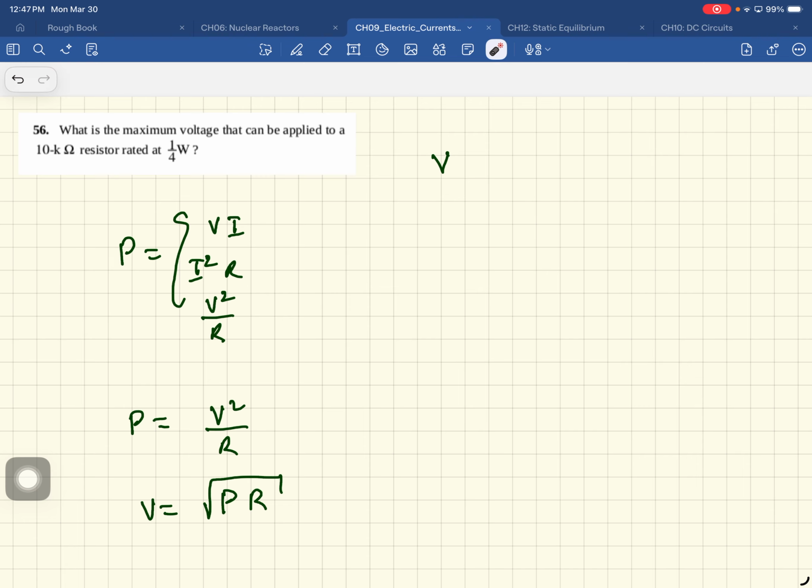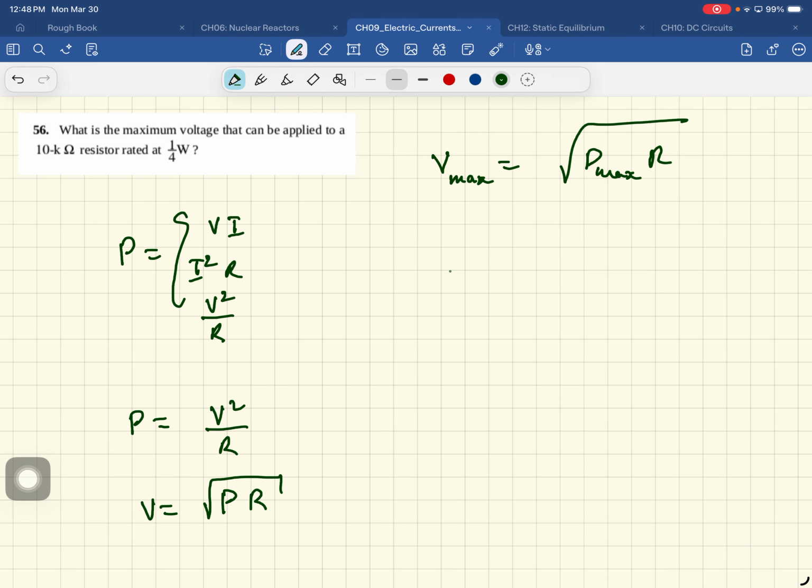So that's what your electronics will have at home during lightning storms and stuff like that. When you get a voltage surge, that's what fries them. So maximum voltage is, power is 1/4 watts and 10 to the power 4 ohms.